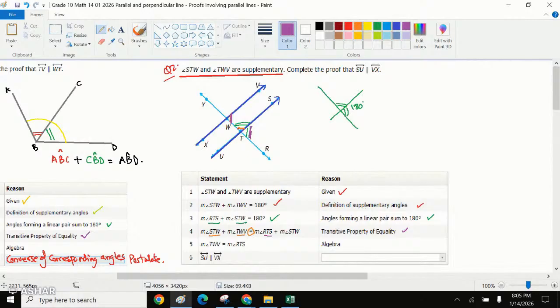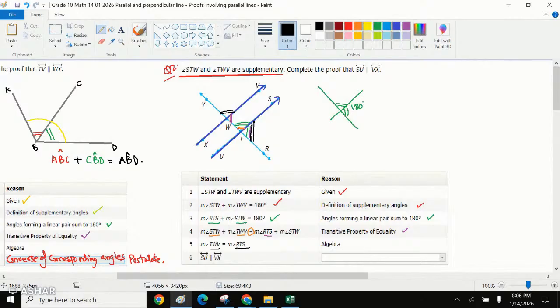The next statement is TWV. We can see TWV, this angle, should be equal to RTS, right? We can prove it through algebra because there is a pair of parallel lines. So what can we say about the parallel lines?